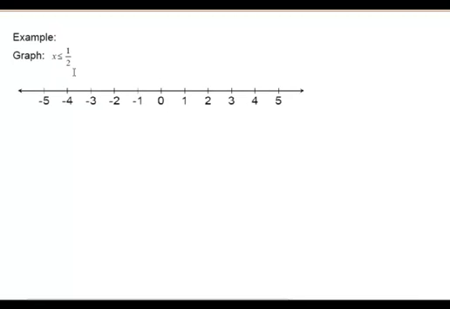Next, we'll graph one that has a fraction. We're just going to have to guess at the location of the fraction. So x is less than or equal to 1/2. So 1/2, it's positive, so it's between 0 and 1. So I'm just going to go about halfway, and we'll say that's about a half. And we want to shade for x. X is smaller than the half, so it's going to be to the left.